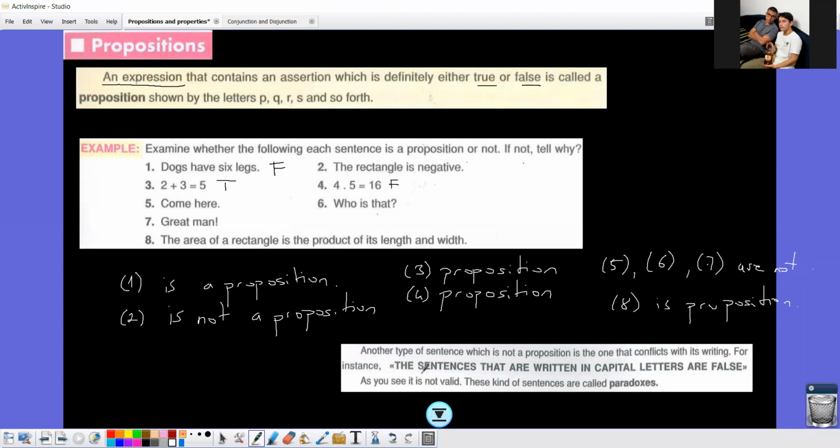Teacher, it's contradictory basically. Yeah, contradiction. One part of the paradox contradicts the other part. For example, a huge ant. An ant is small, but an ant can be huge.